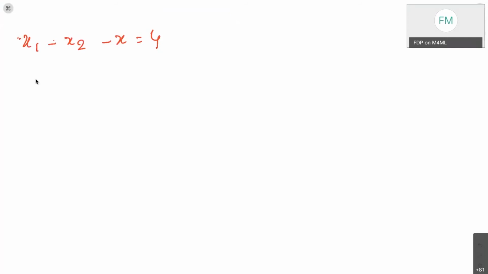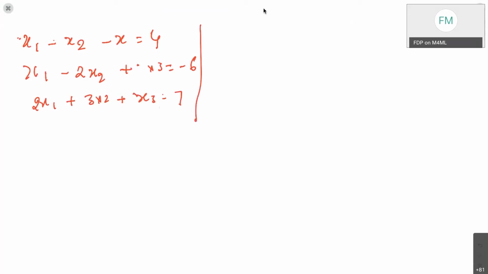Then you have x1 minus 2x2 plus 3x3 equal to minus 6. Then you have 2x1 plus 3x2 plus x3 is equal to 7. Right? Now, what we do is we'll try to represent this in the form Ax is equal to b.